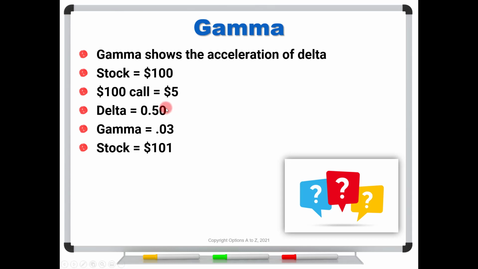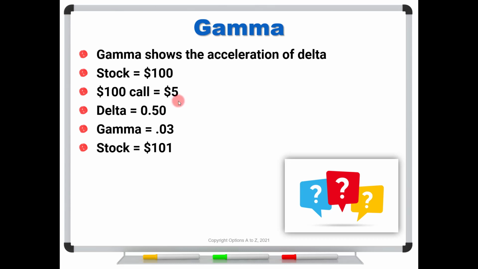Now to understand what that means, remember that delta, at least one interpretation, is the percentage change that it's picking up or losing from a change in the stock's price. So since we have a call option, the call option's price will rise as the stock price rises, and it's going to fall if the stock price falls.